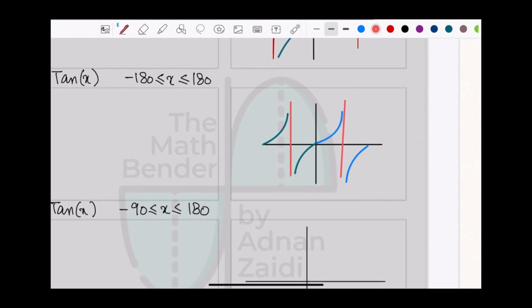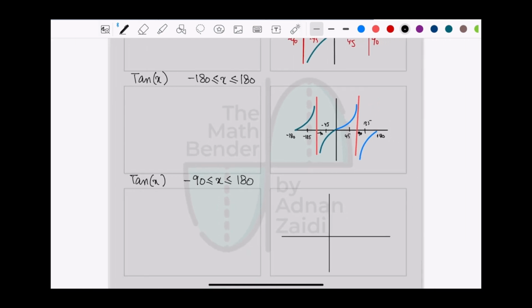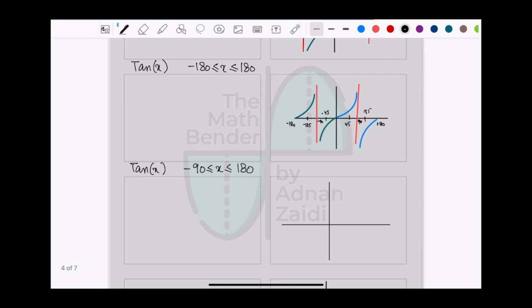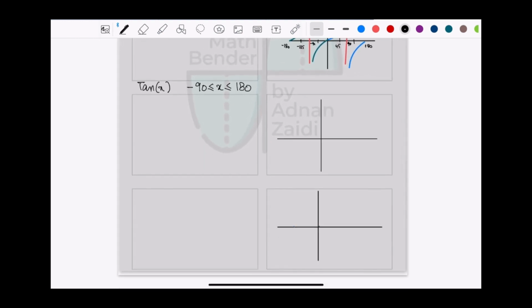This is how the curve looks from negative 180 to 180. If I plot these: negative 180, somewhere here is negative 135, this is negative 90, negative 45, 0, 45, 90, 135, and 180. So the range of this function is again negative infinity to infinity for this domain.